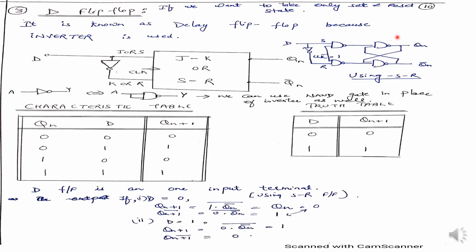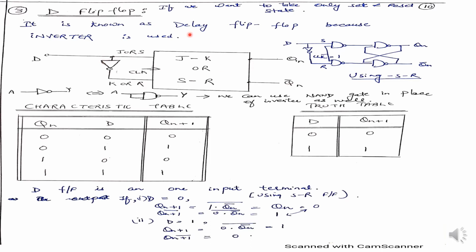In the block diagram, you can see I have replaced all these 4 gates with a block. I can say it is an SR flip-flop here, and then this is the input here, and we have connected both the inputs with a NOT gate. This is the clock pulse. The clock pulse must be high for its successful operation, and this is the input D of the delay flip-flop, and these two are the outputs Qn and Qn bar.